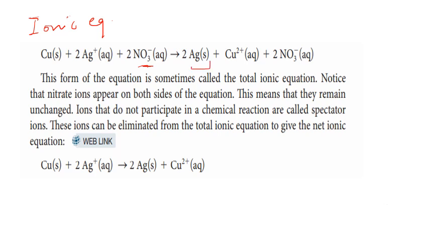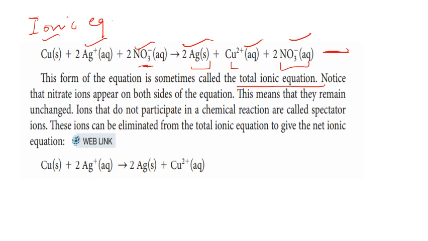Again the solid remains intact, and copper nitrate will be dissociated, so you can write it like this, and similarly for NO3. What do we call this form of equation? The total ionic equation. It contains all the ions present in the solution, the total information, so it's a good idea to call it the total ionic equation.